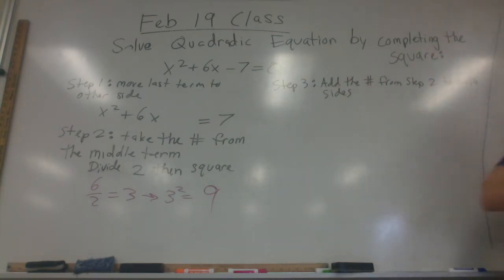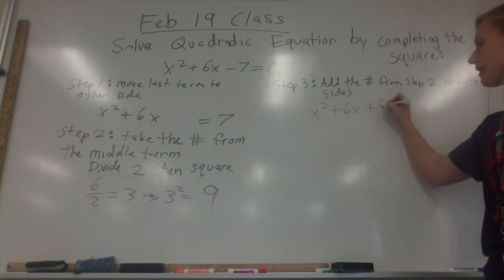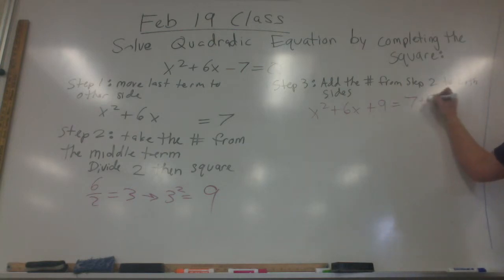Okay, now this is why you leave a space, so it makes this next part easier. We're going to take that 9 and add it to both sides. So our x squared plus 6x is now going to be plus 9, and on the other side we have 7 plus 9. We haven't changed the equation, remember, because we kept things balanced.